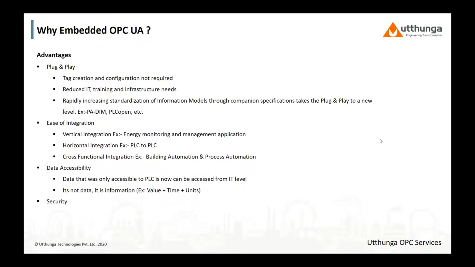For example, if the building's heating system fails or the building's fire alarm goes off, you can accordingly take some safety controls on the factory. Such cross-functional applications are certainly possible with embedded OPC in devices.